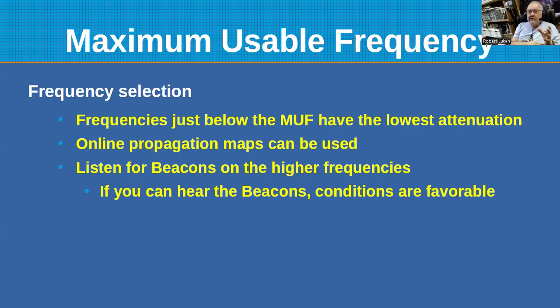Well, right, but it means the band is pretty good if you can hear the beacon. You can maneuver within that band and avoid the beacon and still use it. Yes, in fact, you're supposed to avoid the beacon frequency. But they're just there. If you can hear them, then you're in a good place, and especially more than one, it tells you how good the bands are at that particular time, and it may change in 5 minutes.